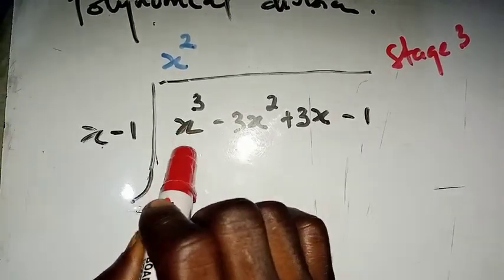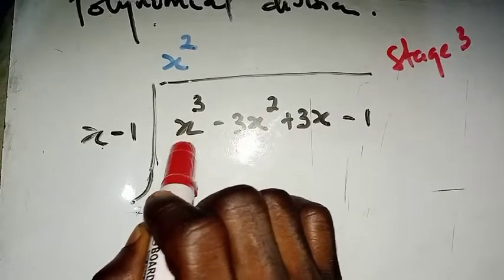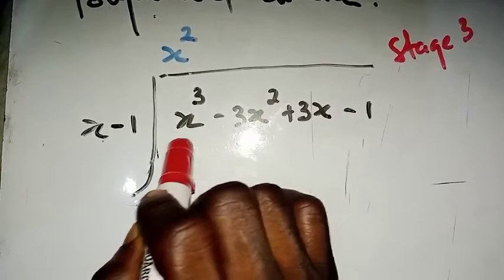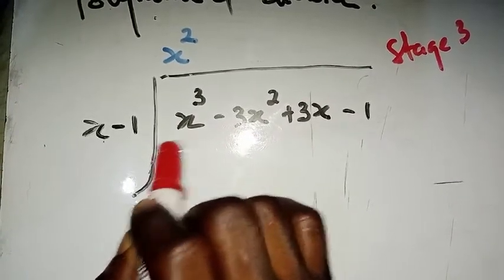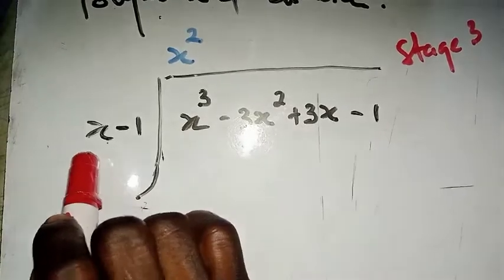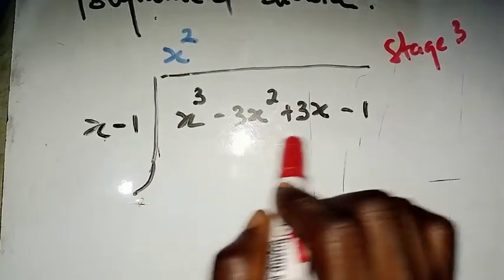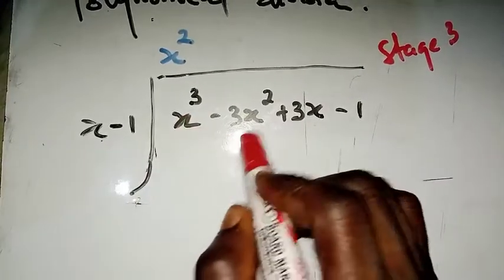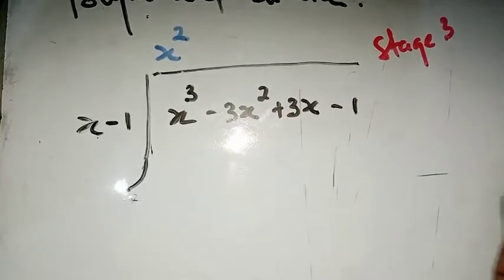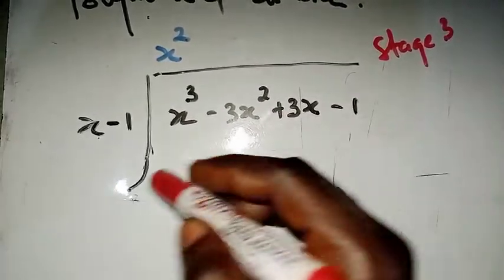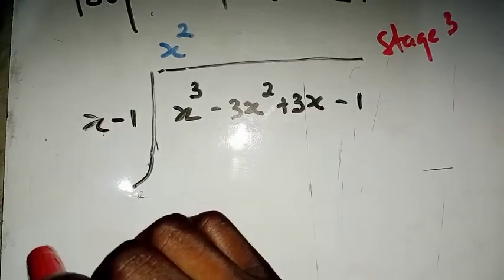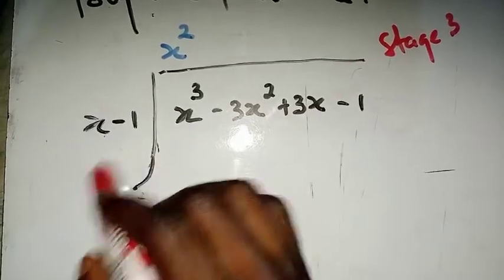We are going to divide this polynomial, x exponent 3 minus 3x squared plus 3x minus 1, by x minus 1.